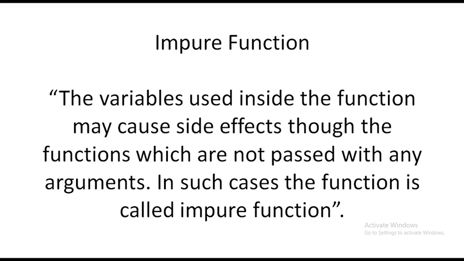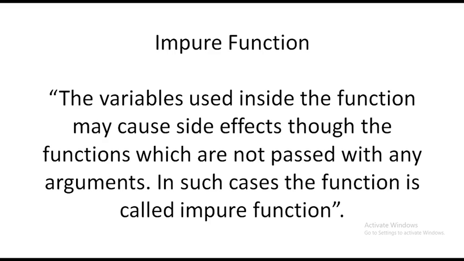When a function depends on a variable or function defined outside of its block, you can never be sure that the function will behave the same every time it is called. In this situation, the function is known as an impure function.